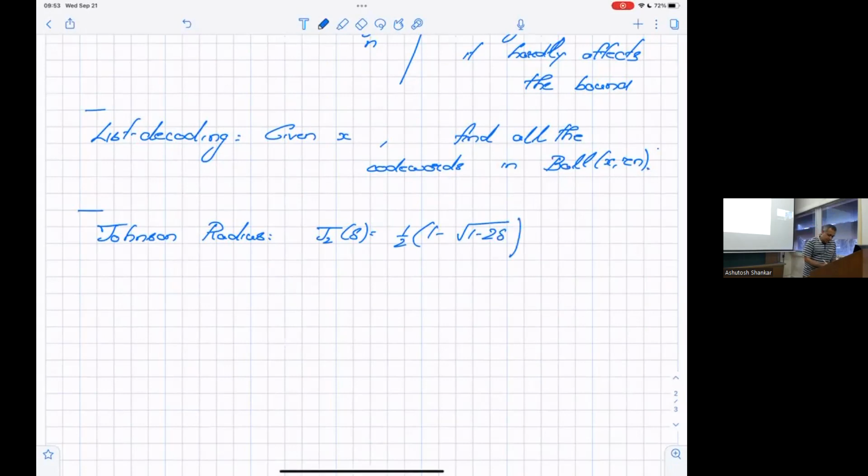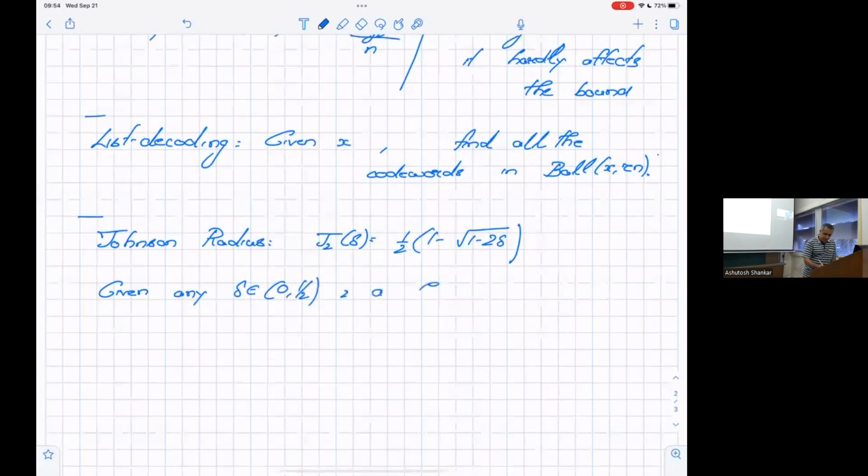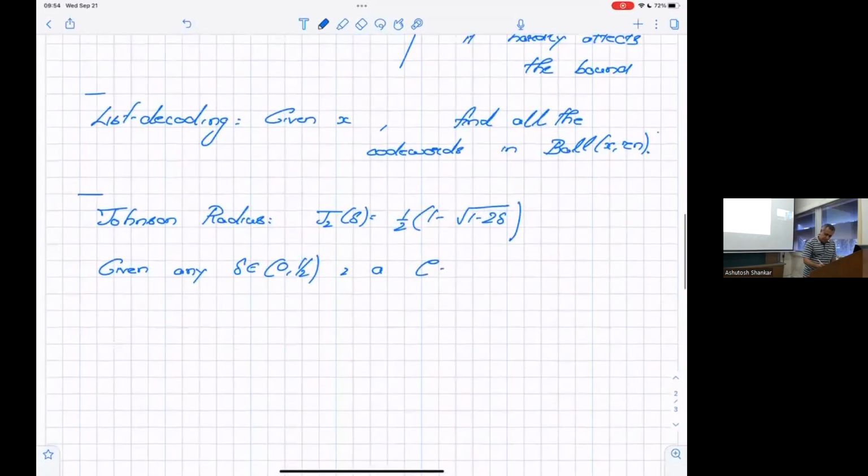It says, given any delta in 0 to half, and C, which is a 0-1 code, a 0-1 n code. All I care about is that the distance of that code is delta.